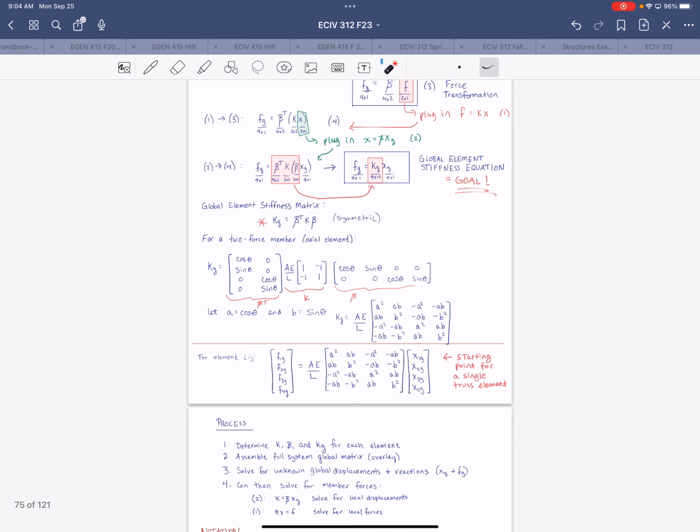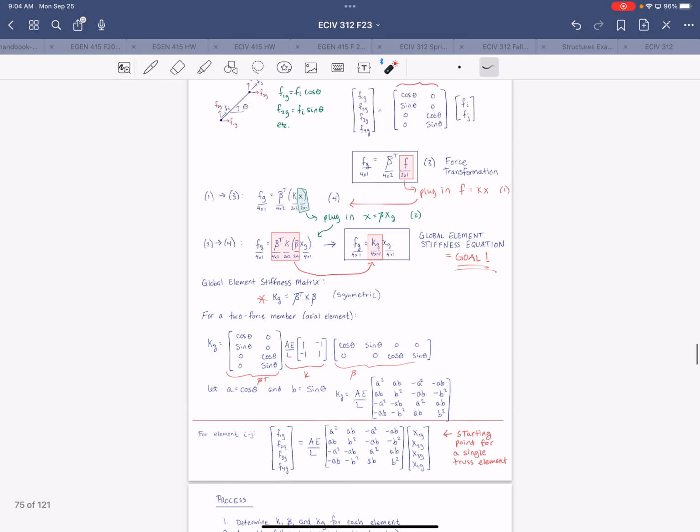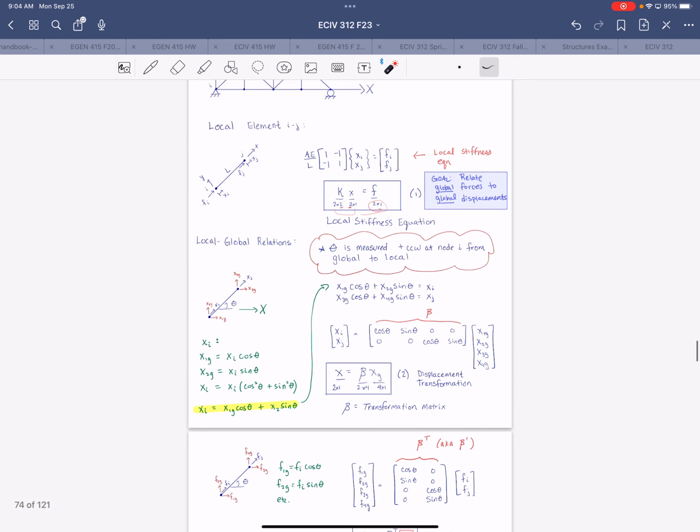So here is the formula for that global stiffness matrix. We defined A and B in terms of the angle theta, which measures the orientation of the element. And we said that theta is always going to be measured positive counterclockwise at node i from global to local.